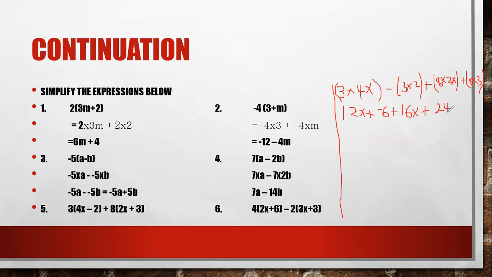When we go to the next stage, this will give us 12x minus 6 plus 16x plus 24.